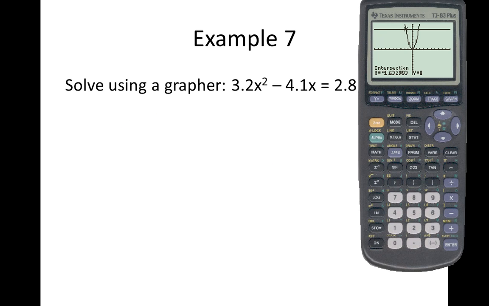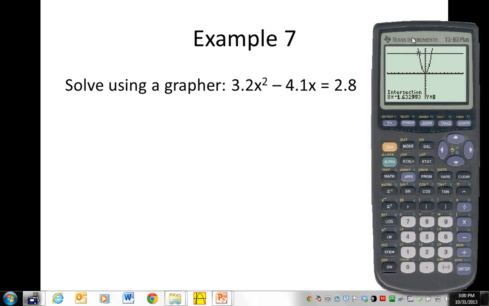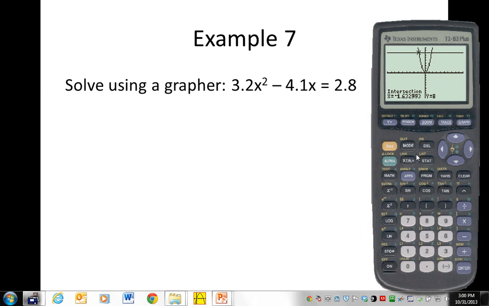Okay, try this one. 3.2x squared minus 4.1x. I'll go ahead and type it in. 3.2x squared minus 4.1x. And on the right side, 2.8. I could have switched that over and set it to 0.